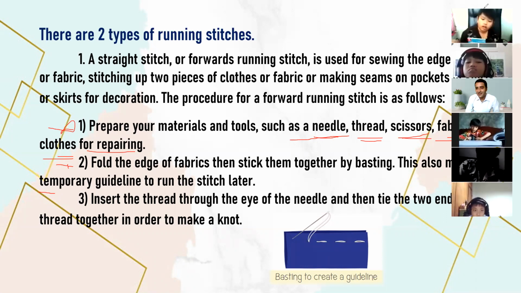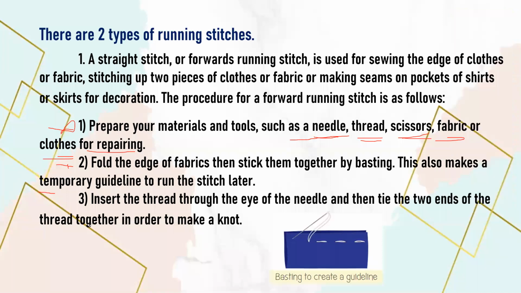All right. Now, next step, what we have to do. Number three, insert the thread into the eye of the needle, and then tie the two ends of the thread together in order to make a knot. So we're going to take a needle, right?